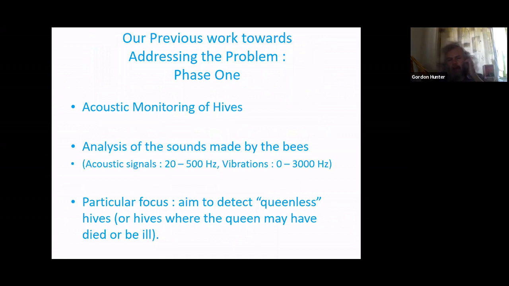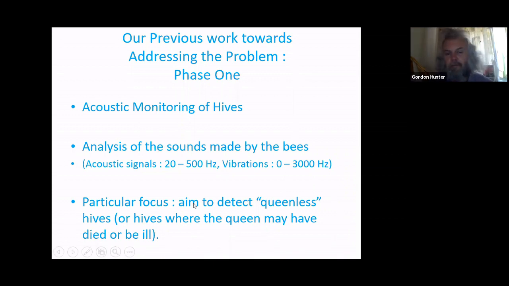So looking back at some of our actual research now, this is one that we did a while ago, but we're also revisiting it again now, looking at the sounds made by bees. For the acoustic signals, they are typically between 20 and 500 hertz, or 20 and 500 repetitions a second, and vibrations made by the bees that also shake the hive up to 3000 hertz.